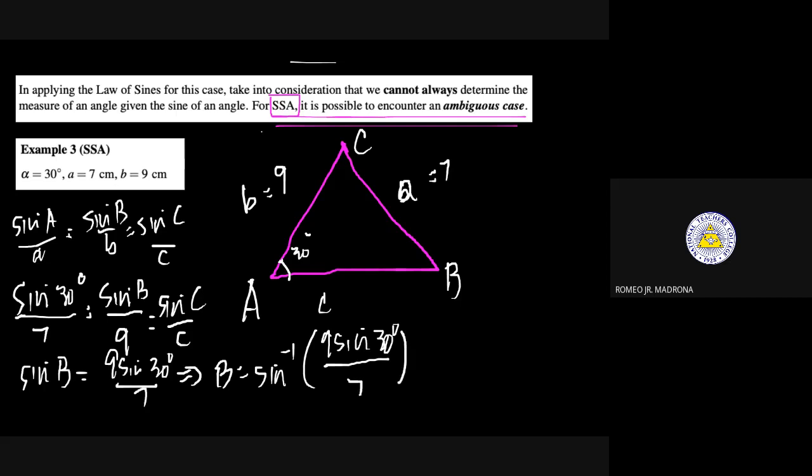Pero hindi pa natin siya masosolve because of the angle B. Okay. So what is the value here, guys? Approximately 40 degrees. Okay. Good. Thank you. So this is 40.